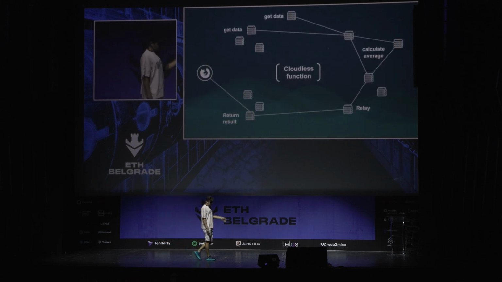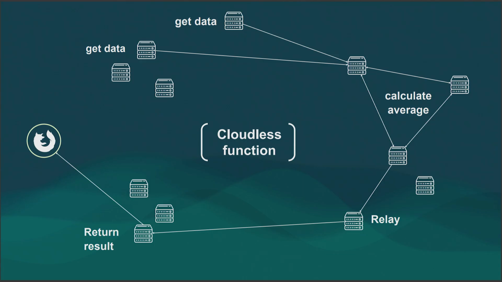It's executed like that. Every peer in the network has an interpreter for the cloudless functions. So it's kind of executed between the peers in a sense. It's not executed on some specific peer, it's executed on every peer where it reaches, and it's self-routing.